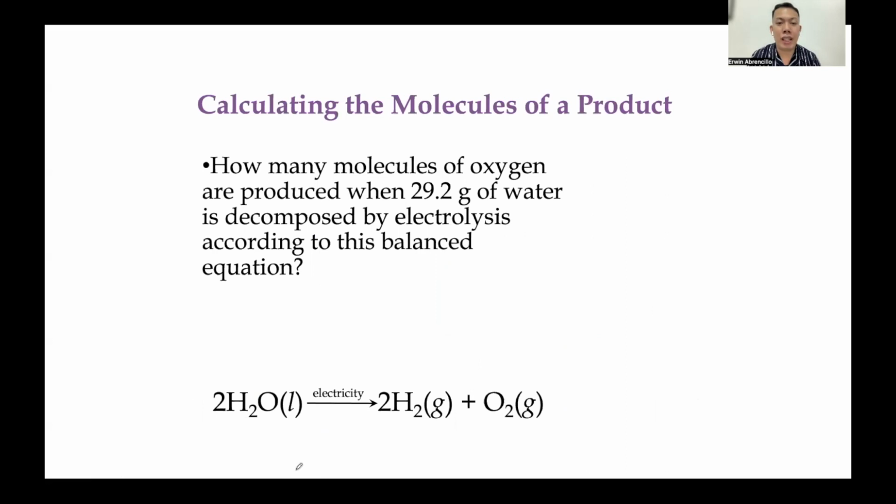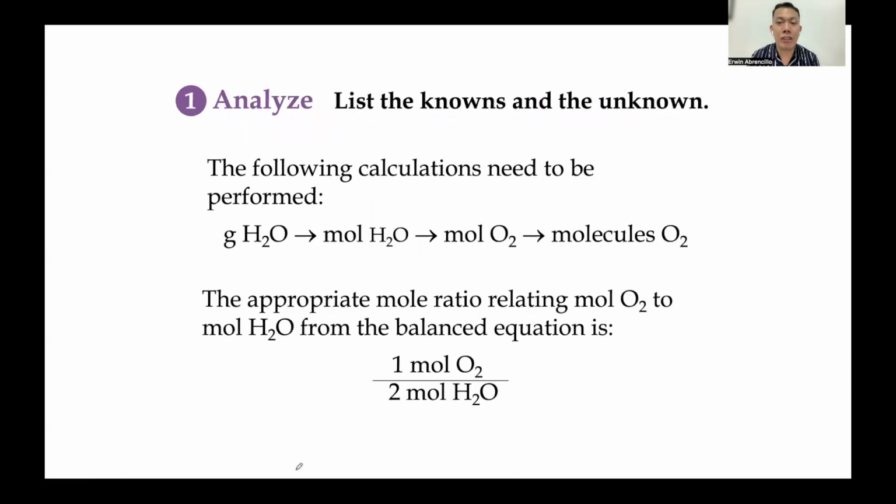So we can likewise calculate the molecules of a product. Then again, you have to write first the balanced equation. So how many molecules of oxygen are produced when 29.2 grams of water is decomposed by electrolysis according to this balanced equation? So again, you have to write the balanced equation.